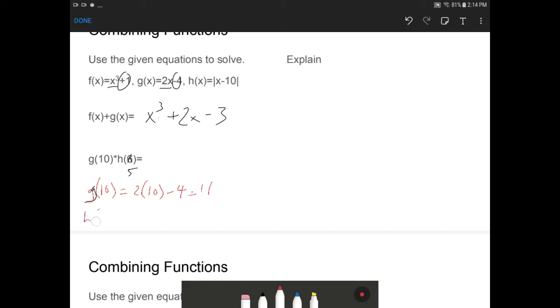Then h of 5, 5 minus 10 square root of negative 5, so that's 5. So what does that say? Okay, 16 times 5. Is that 80? Yeah.